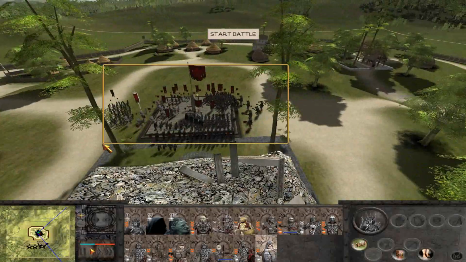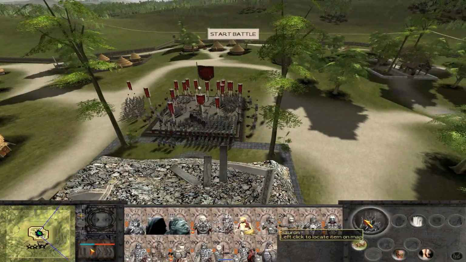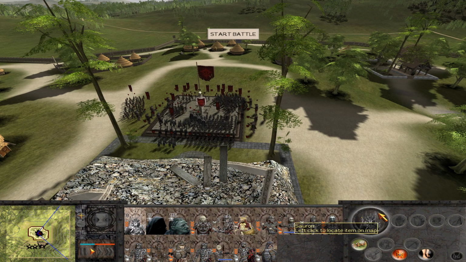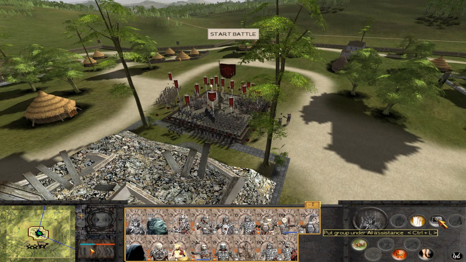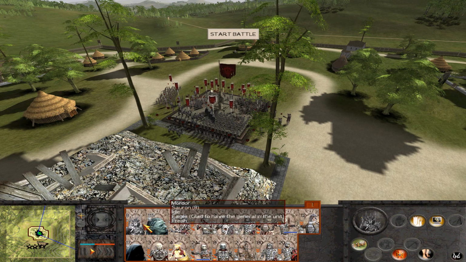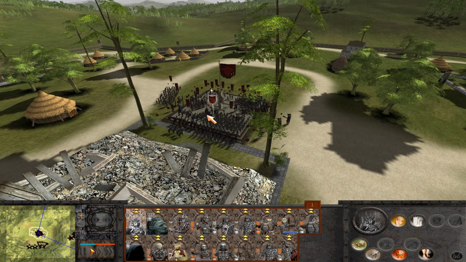Okay. Guard mode for everyone. Group them, AI control. Start the battle.